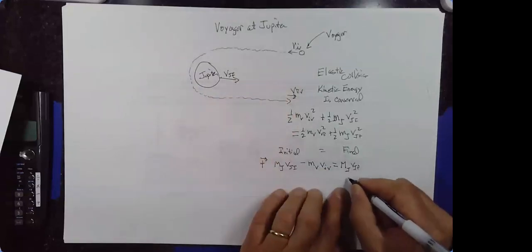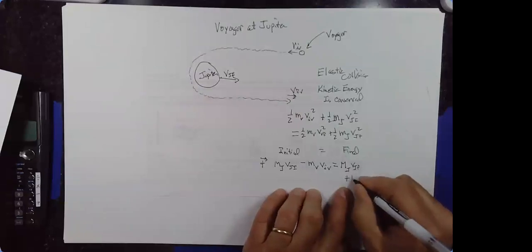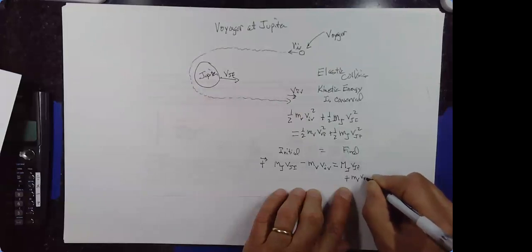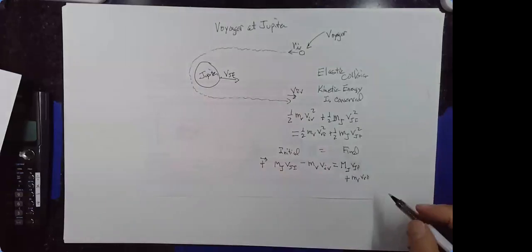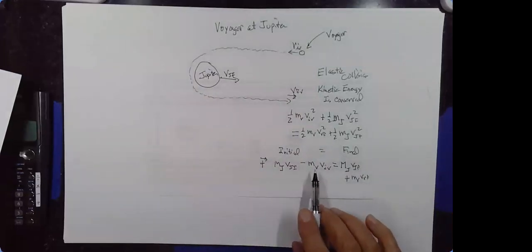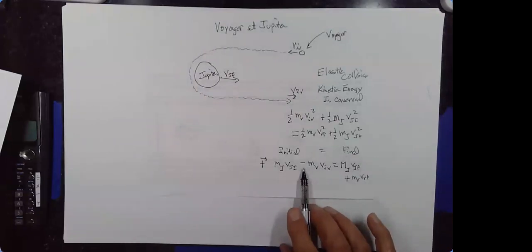Voyager is going to be going in that direction after the collision, plus the mass of Voyager, V Voyager final. I think that's the letter I used. Yeah. So there's our conservation of momentum equation with direction taken into account. The only thing that comes out negative is this one.